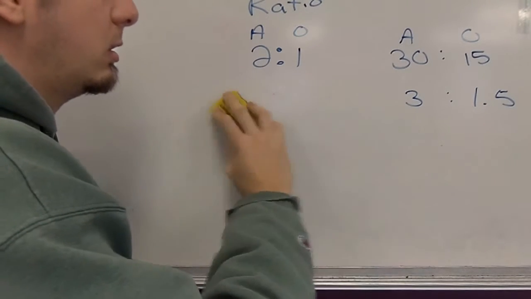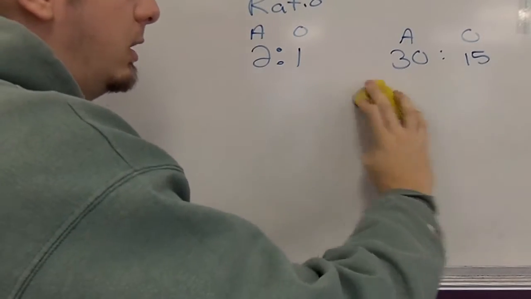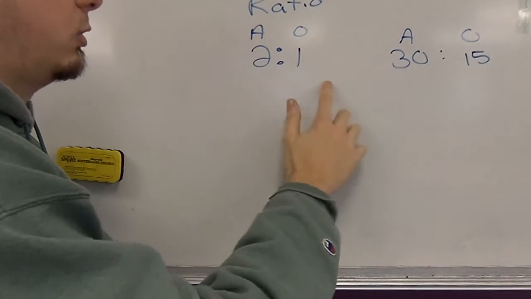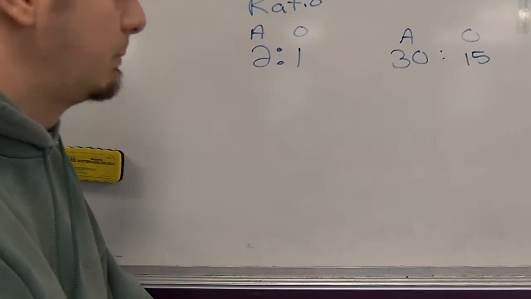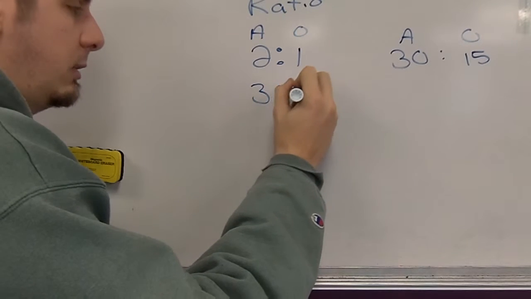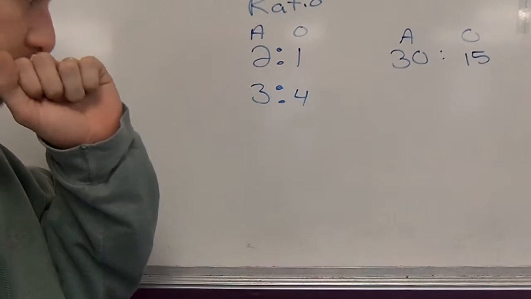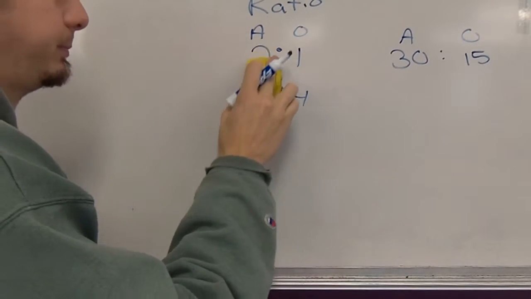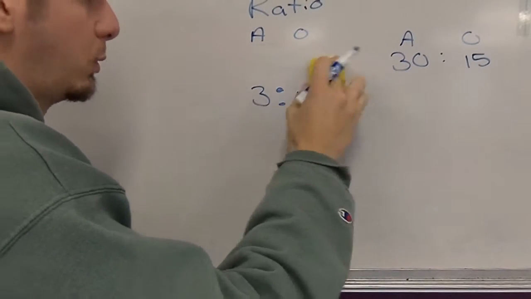Now, not all ratios are as simple and easy to see and visualize as a 2-to-1 ratio where you have twice as many apples as oranges. Some ratios might look like this, for example. I might have a 3-to-4 ratio. For every 3 apples I may have 4 oranges.